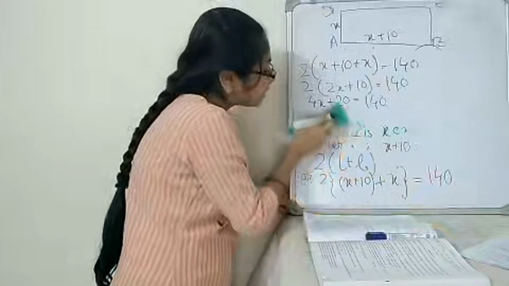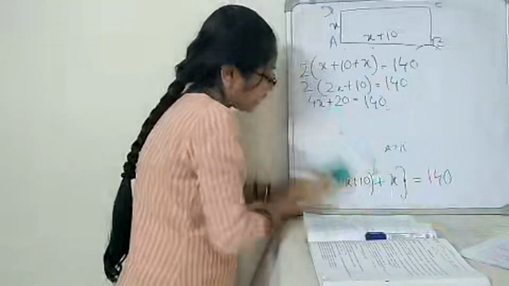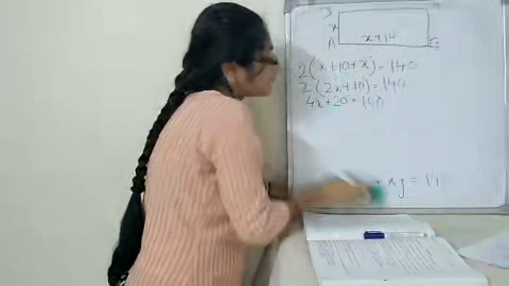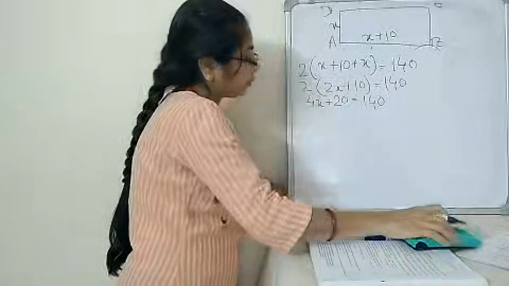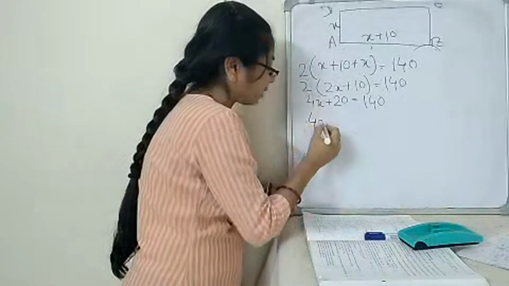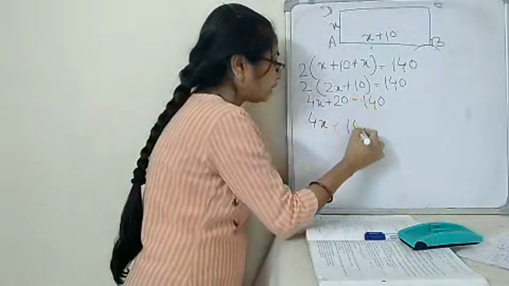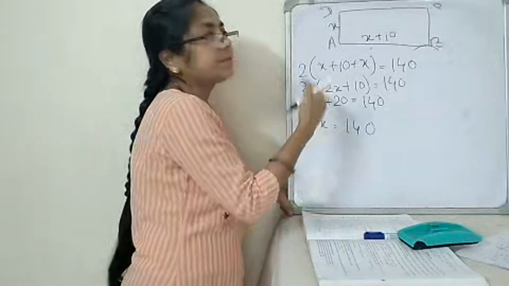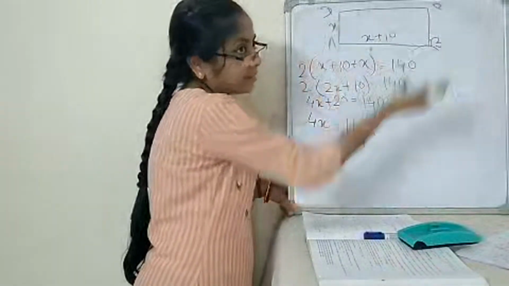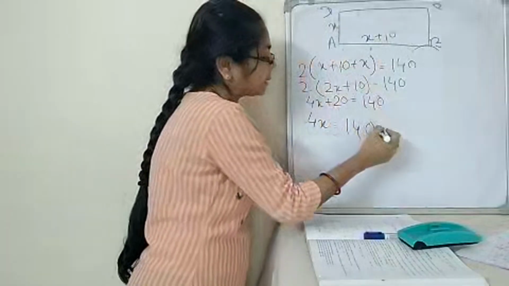But as I told you previously, when I shift the numbers, I also change the sign. So now I put 4x, I write 140. What is the sign before 20? It is plus. When I shift it to the other side of the equal sign, it changes into minus.